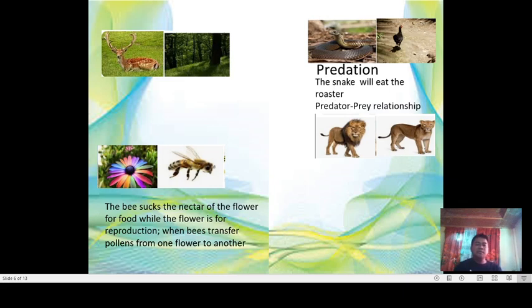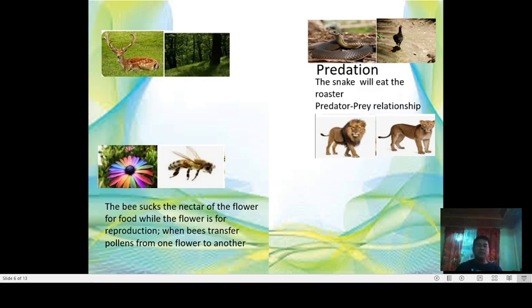So it is predation because it involves the predator, the snake as the predator, and the rooster or the chicken as the prey. What do you think is the meaning of predator and prey?